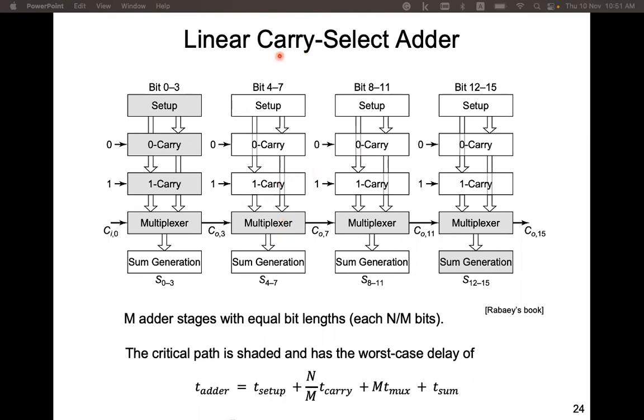Such a carry select adder is called a linear carry select adder. It's linear because the adder delay is a linear function of n, and since we have a linear term before carry select adder, it implies that there must be another kind of carry select adder, and we will show that.